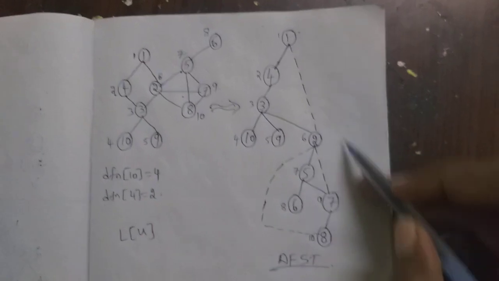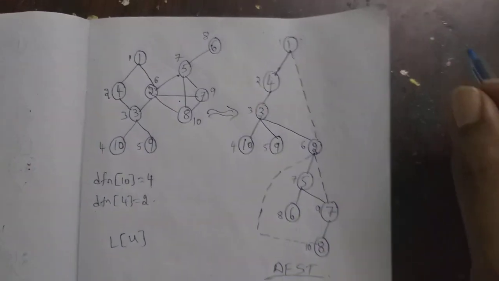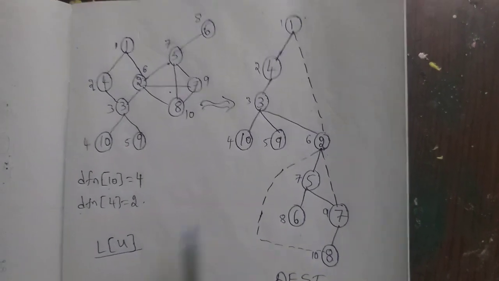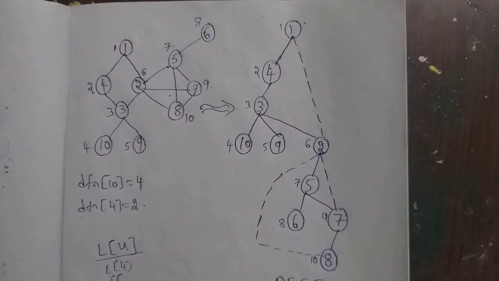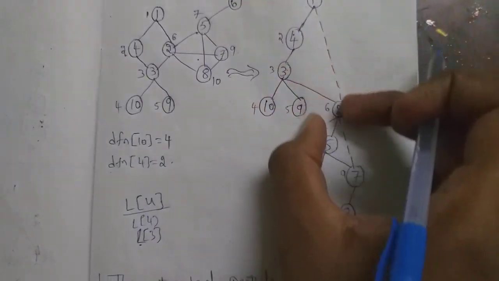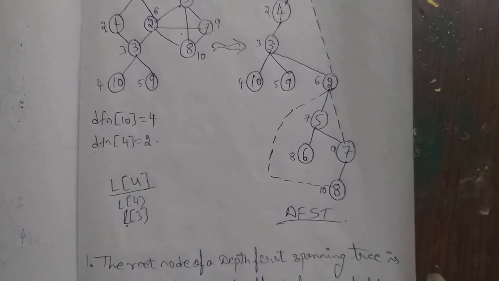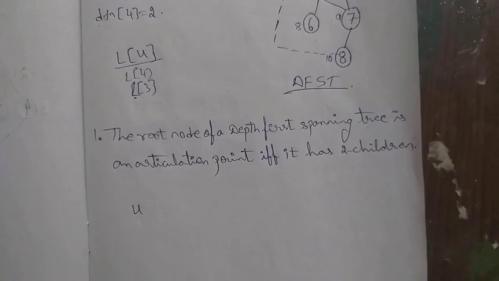Then how can you say for all the remaining vertices whether those are articulation points or not? We need to find L values for each and every node, like L of 4, L of 3. When can we say that a node U is an articulation point?